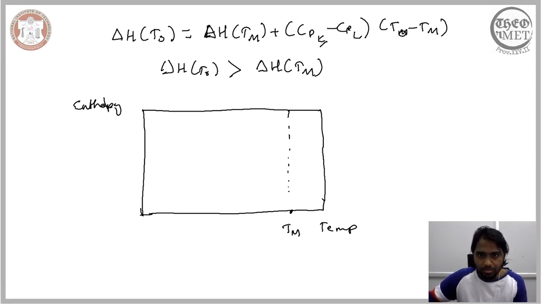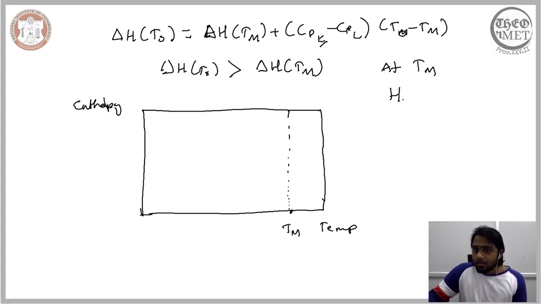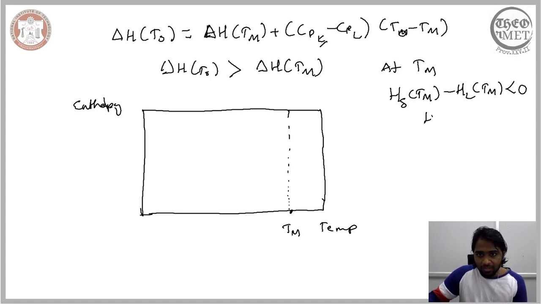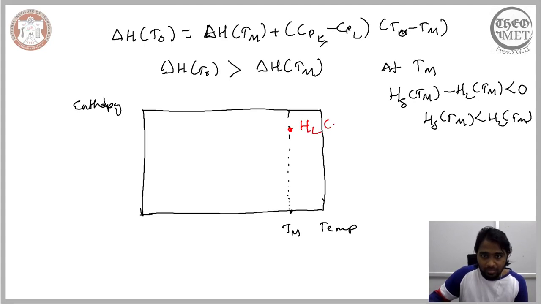Initially we saw that at this temperature Tm, the difference between the enthalpy of solid and the enthalpy of liquid is less than 0. So therefore the enthalpy of solid is less than the enthalpy of liquid. So at Tm, this would be the enthalpy of liquid because of this relation, and this would be the enthalpy of solid. And at Tm, during the phase change, this would be the difference in the enthalpies.